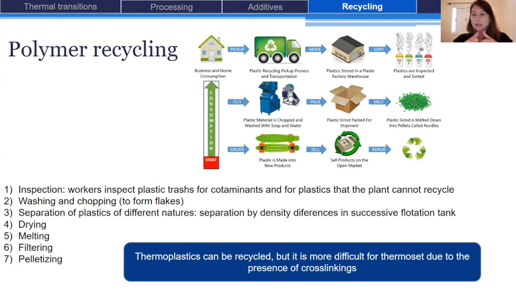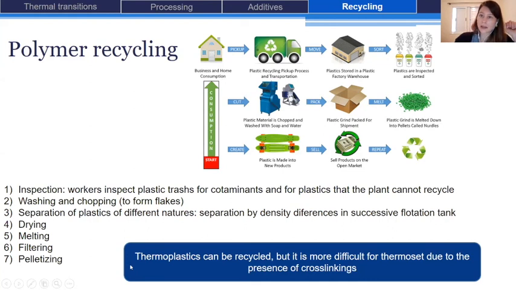And so it enables removing such small particles. And after that, the polymer is pelletized, which is the step that produces new pellets that can be used in another process. Okay, so this is what is done for thermoplastics.